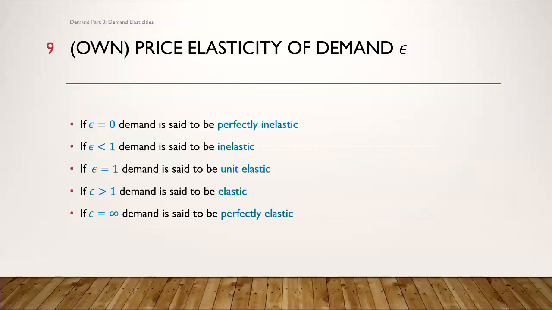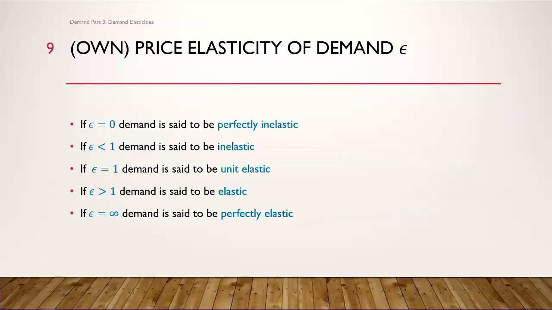So here the price of X goes up by 10% and the quantity demanded falls by, say, 8% or 5% or something like that, less than 10%. So the elasticity would be less than 1. In that case, we say that demand is inelastic. If elasticity is 1, demand is said to be unit elastic. That says if prices go up by 10%, quantity demanded falls by 10%, and so on. And if elasticity is greater than 1, demand is said to be elastic.